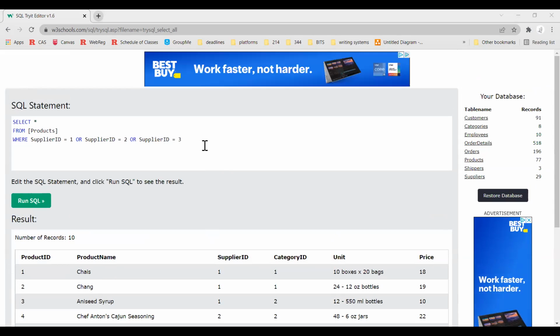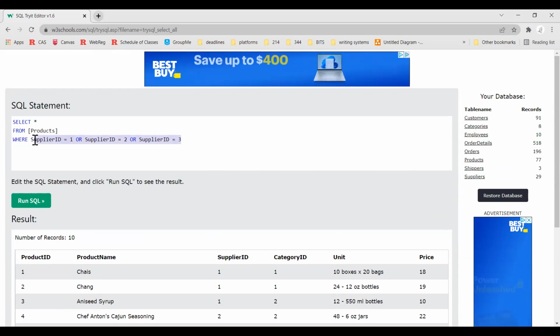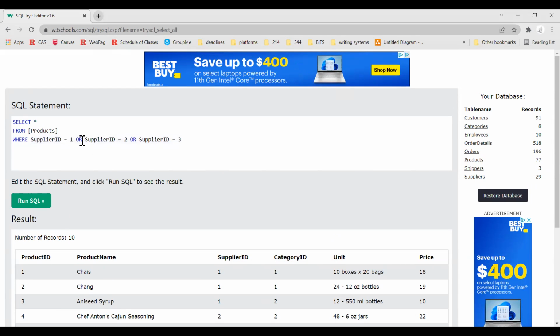So as you can see over here, we can have multiple conditional statements in the where clause, and we're connecting them with ors here. It's kind of like if you know other coding languages. And instead of using an or, we can also use an and if we want to have all of our results meet 2 requirements.